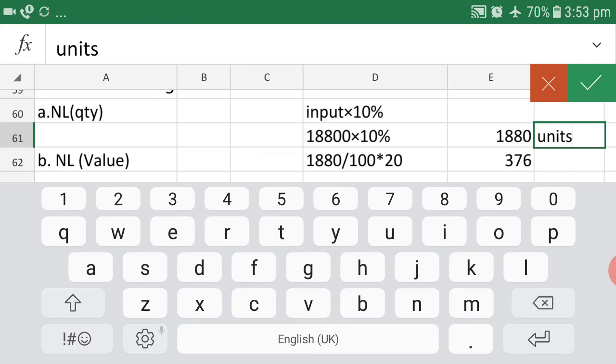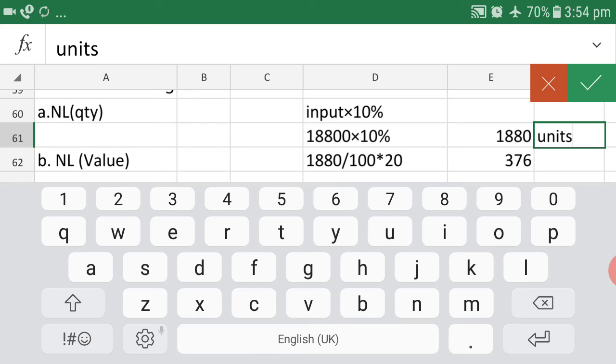Again we need to calculate normal loss in value. Here 1,880 units are there, but in our question it is specifically said 20 rupees per 100 units. So how will we calculate the value? Total normal loss in quantity divided by 100 into 20, 376 rupees.